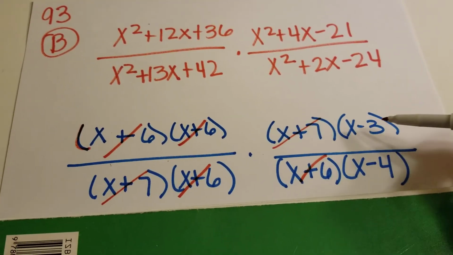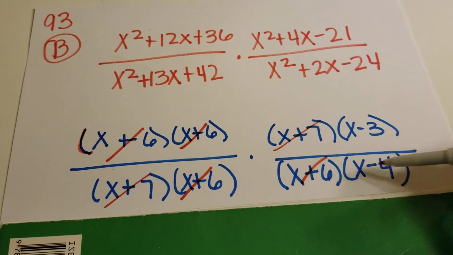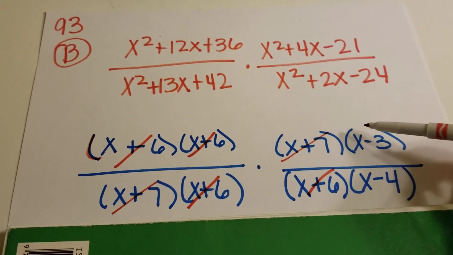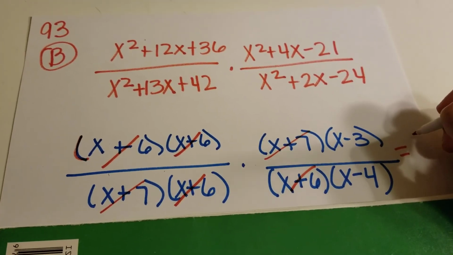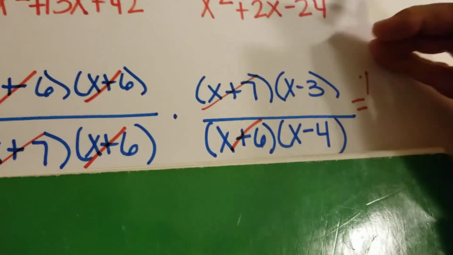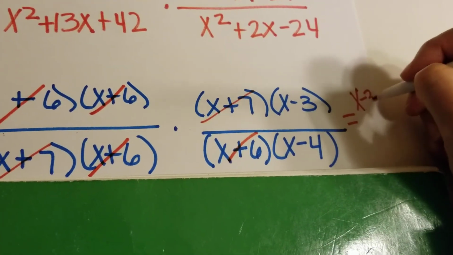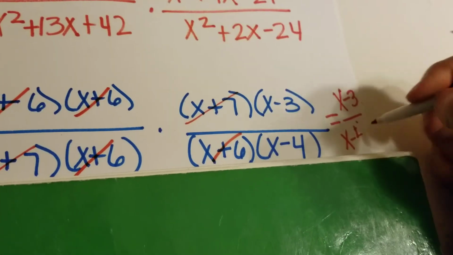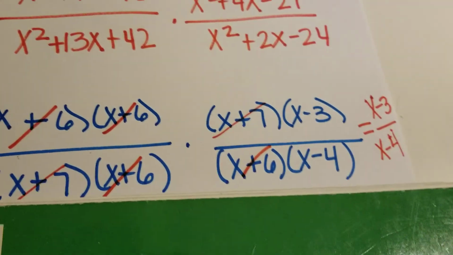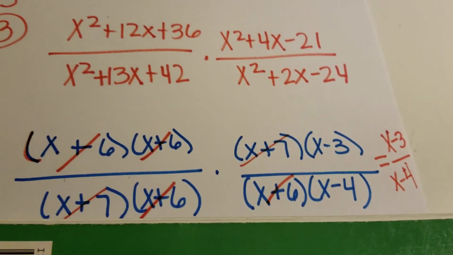No, it's x minus 3 over x minus 4. Those are individual factors. You cannot split them up. So my simplification, because it's not an equation, is x minus 3 over x minus 4. And that is your simplification.